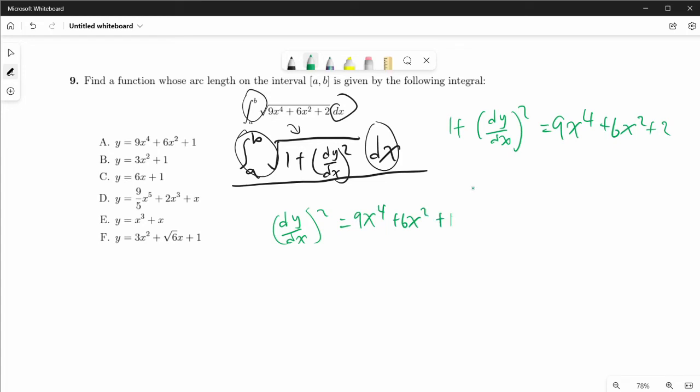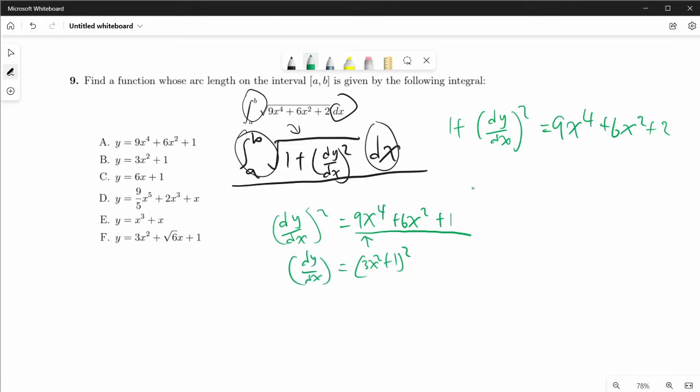And you would notice, if you have a sharp eye, that this is actually a perfect square, right? 9x to the 4th is a perfect square, it would be 3x squared, plus 1. If you write this out, it will actually just be that. So that's a perfect square. We can write it like that.